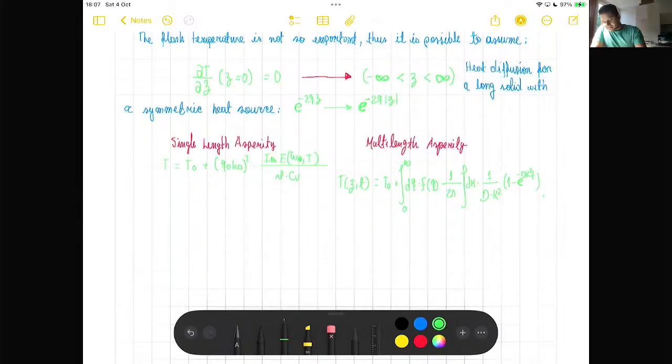And this times 4 times q divided by k squared plus 4 times q squared, times the exponential of the complex number k times z. We have a more complex equation.